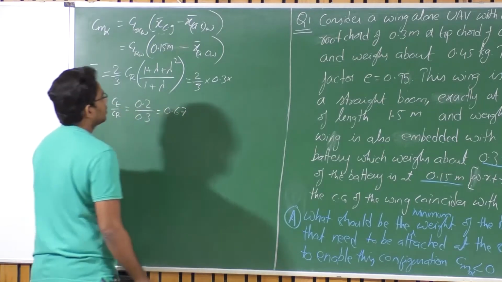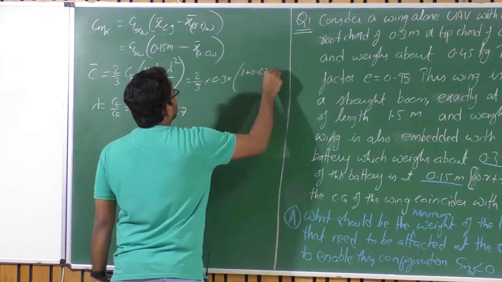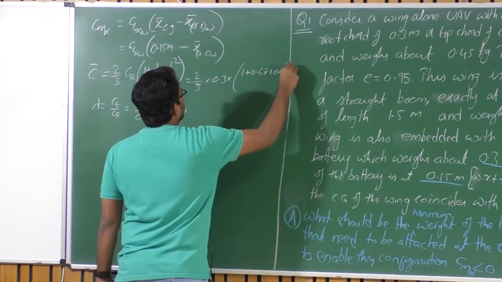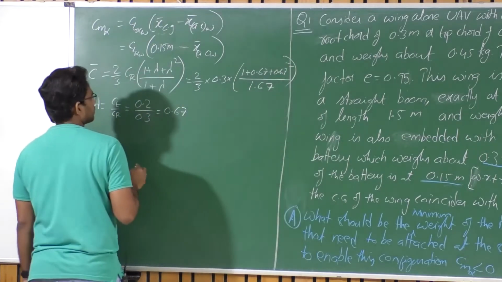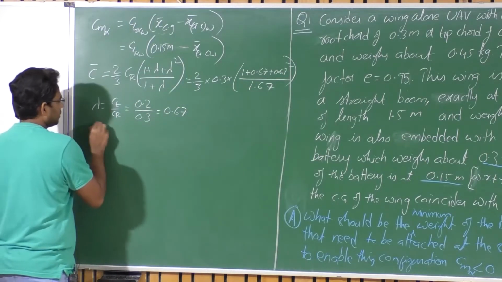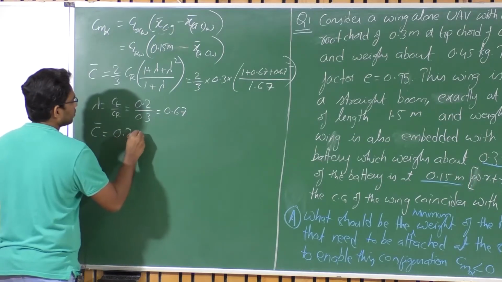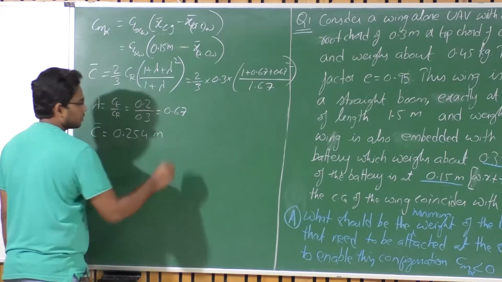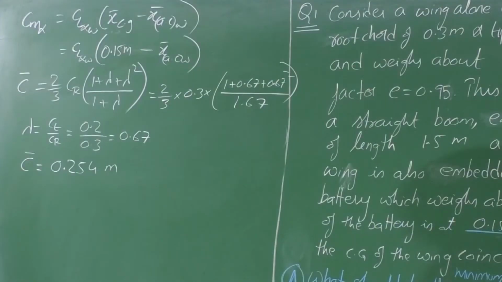So multiplied by 1 plus 0.67 plus 0.67 square upon 1.67, it turns out C bar is 0.254 meters.